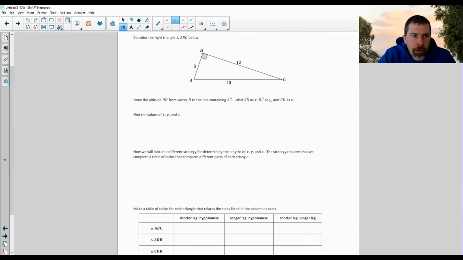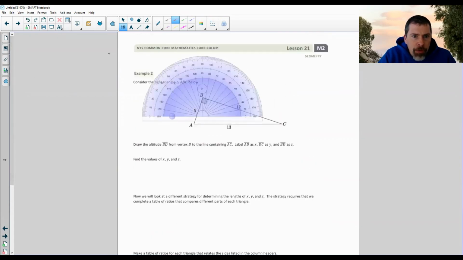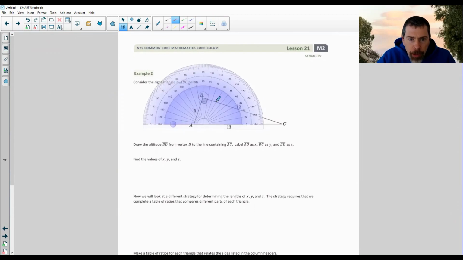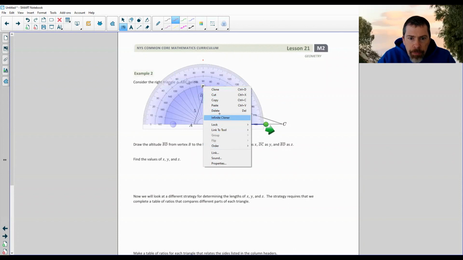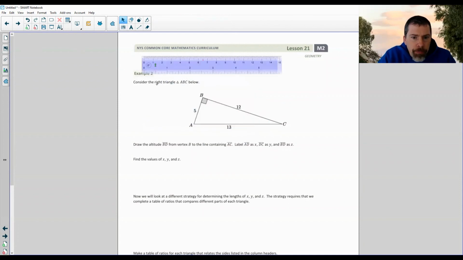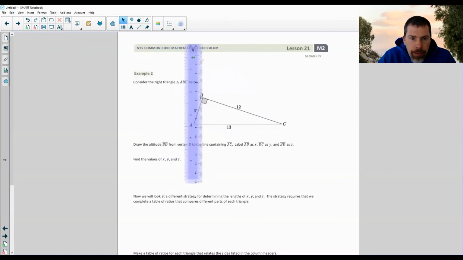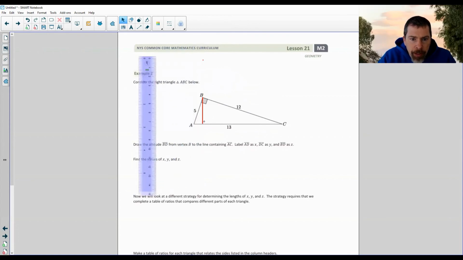So if you were to draw an altitude on paper, here's how you would do it. You would get a protractor. You would put the protractor's crosshairs and zero line right on AC, and then you would line up B and put a mark up here somewhere at 90 degrees, and then get a ruler and draw a segment from B down to AC, and there is your right angle.